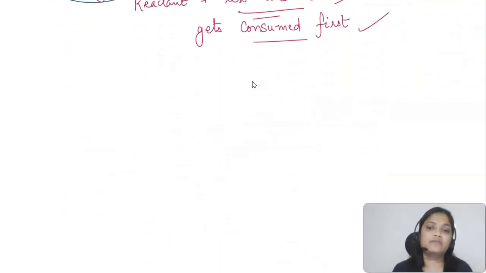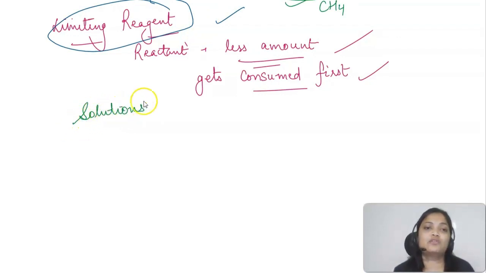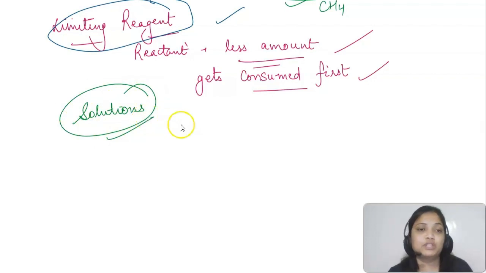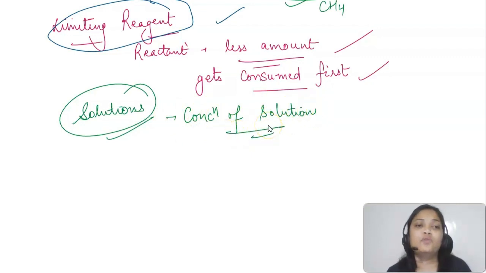So students, in this particular chapter we are mainly talking about the calculation parts. Okay, so there is this chapter called solutions. In that case also we have a lot of calculation work. So you know that we require some quantities to represent the concentrations of the solution, like how much amount of solute is present, and in terms of moles also.